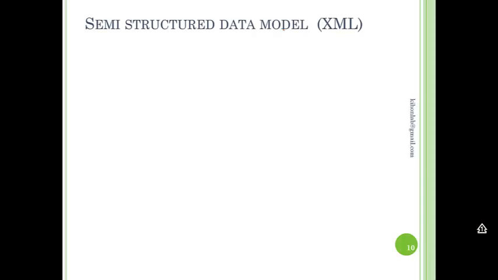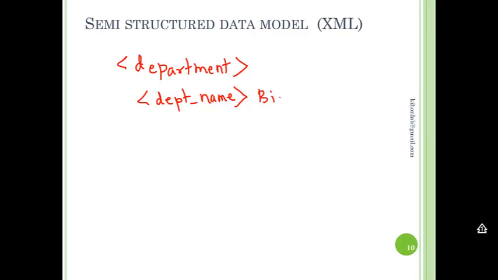Suppose you would like to represent a department. This is the user defined tag department. It can have subtags, department name. Here I will write biology data. This is the data, and this is the tag it is represented by. When you run this, you will find this is the output, biology, and this is my closing tag.